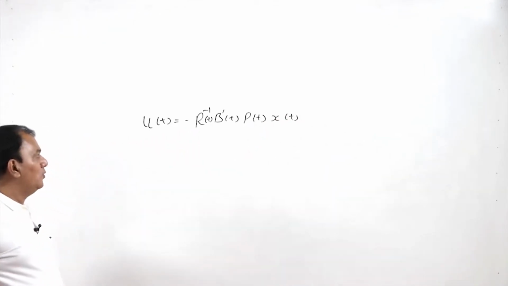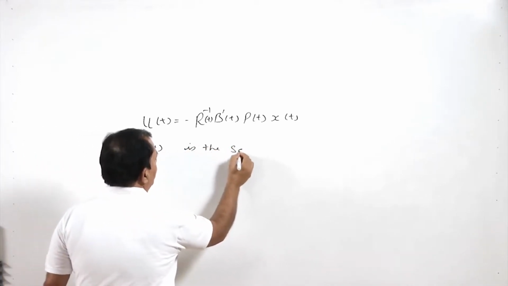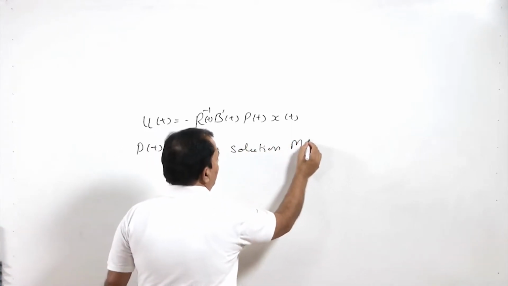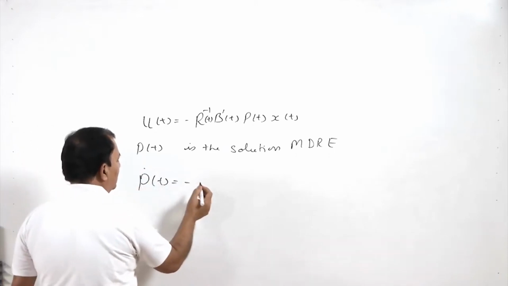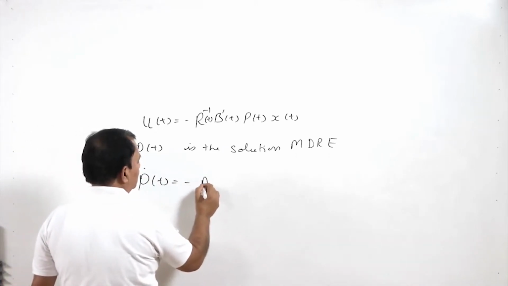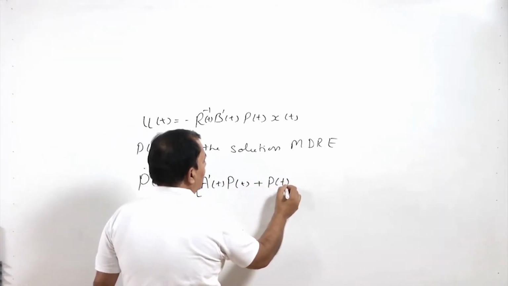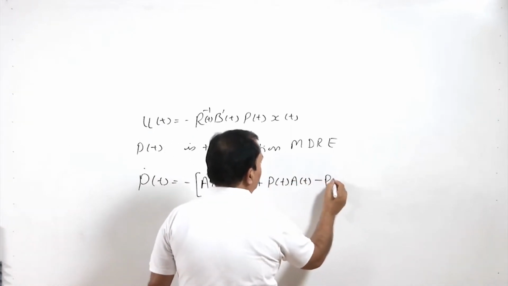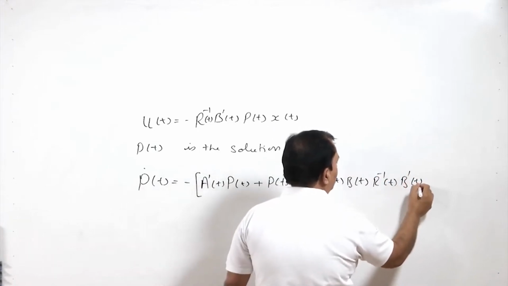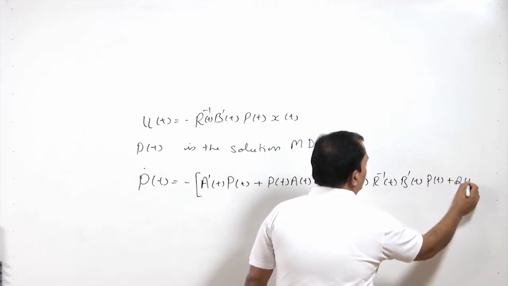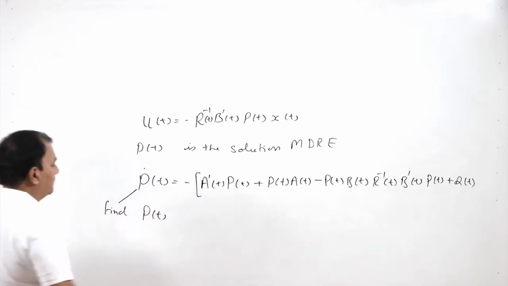In finding the u, we have to find out P(t), which is the solution of my matrix differential Riccati equation, given as P dot(t) minus A transpose P plus PA minus P B R inverse B prime P(t) plus Q(t). So, the objective is to find P(t).